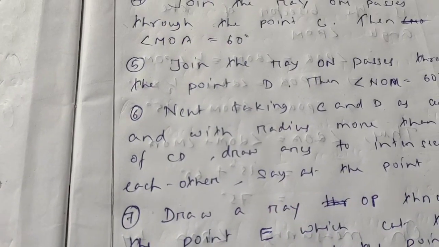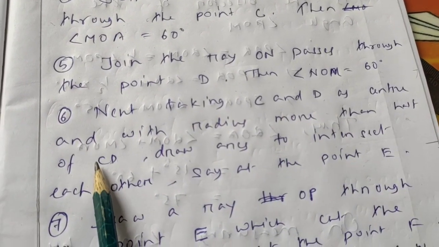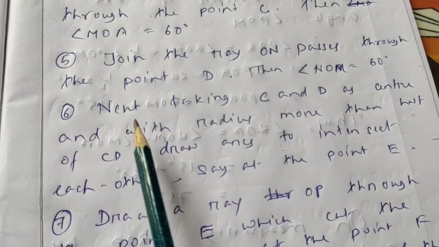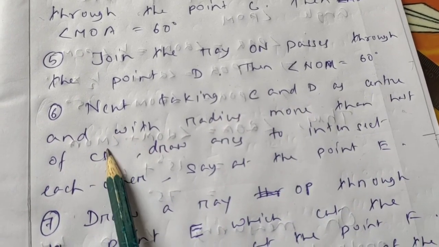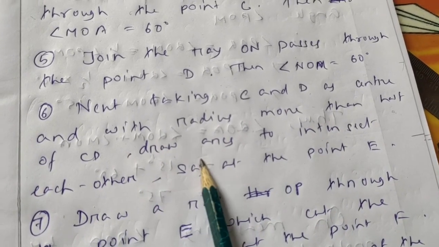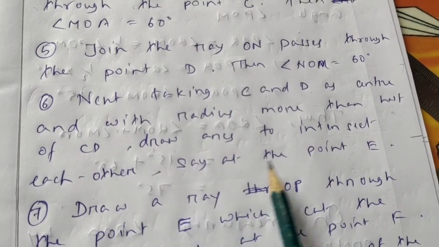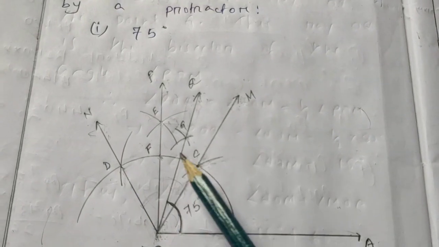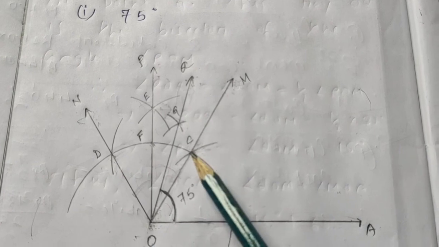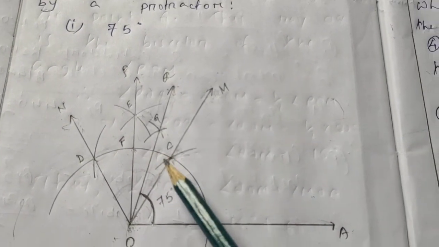Next, step number 6. Next, taking C and D as center and with radius more than half of CD, draw arcs to intersect each other, say at the point E. So take the points C and D as center, and the radius you have to take more than half of CD, and draw two arcs.